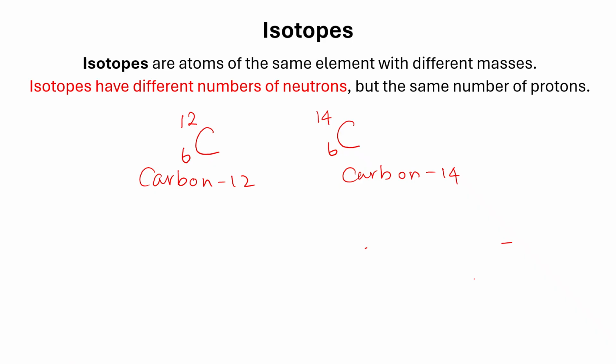Some isotopes are stable while other isotopes like carbon 14 is unstable and it is radioactive. Carbon 14 is used in carbon dating to estimate the age of fossils. So you can see isotopes remind us even atoms of the same element can have interesting differences.